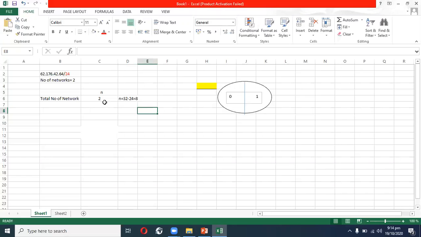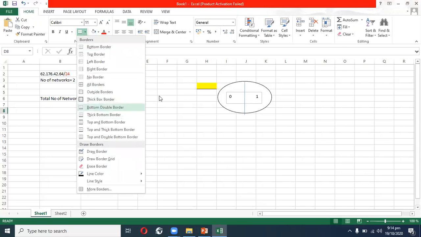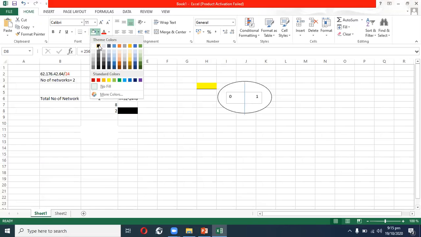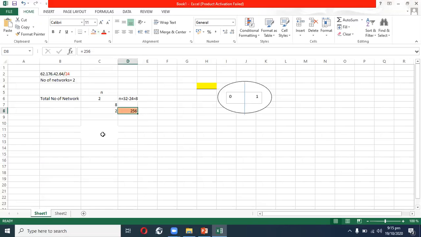So 2 to the power 8 is 256. This is the total number of networks that we can have with this IP. Now we want to divide this total number of networks into two subnetworks.